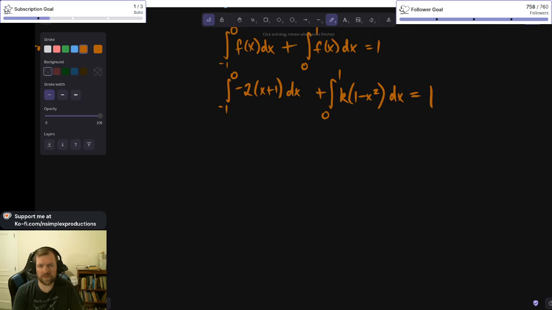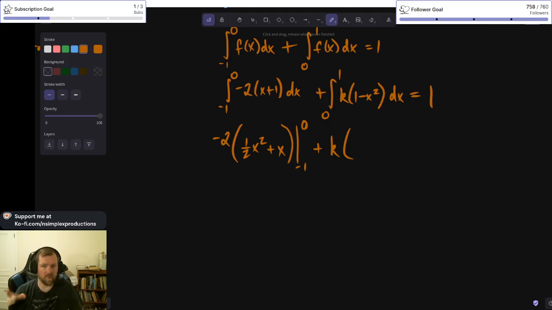Right. So this first one here, we go -2 times the quantity, and then we're just doing the integral of x plus 1 dx. And the integral of x plus 1 dx is going to be 1/2 x squared plus x, evaluated from -1 to 0, plus, k is a constant, so that's going to come out.